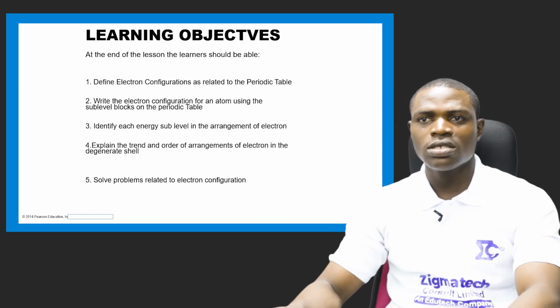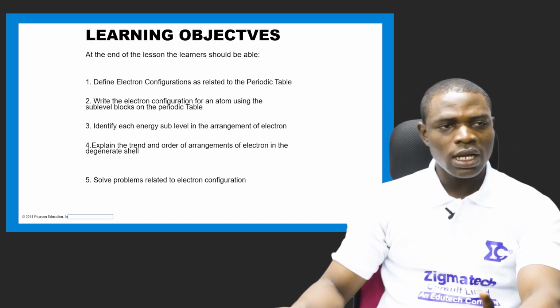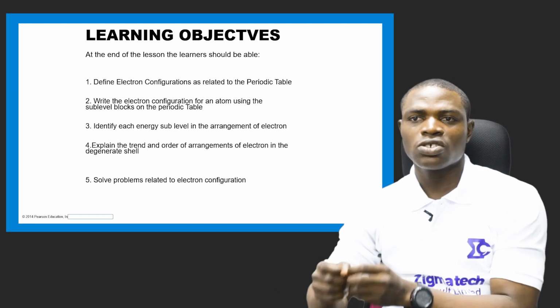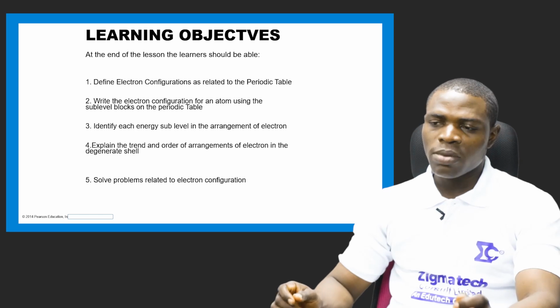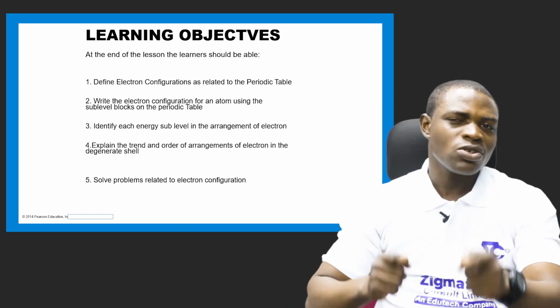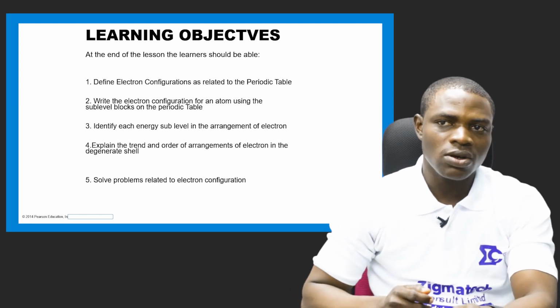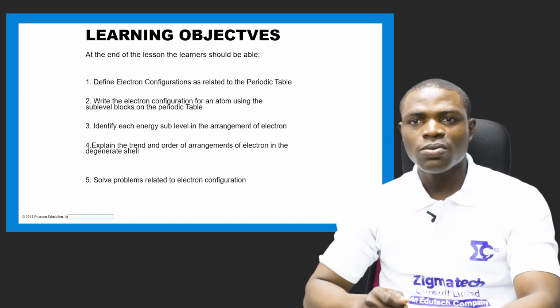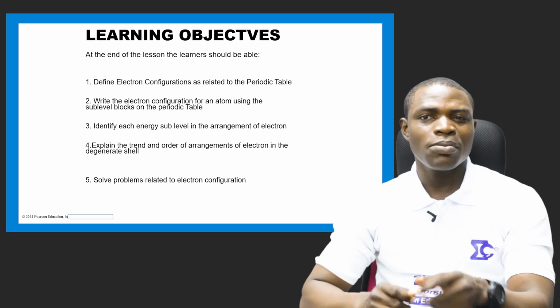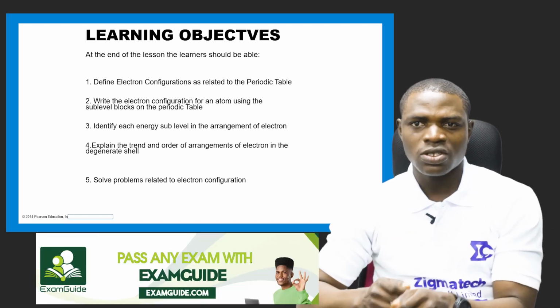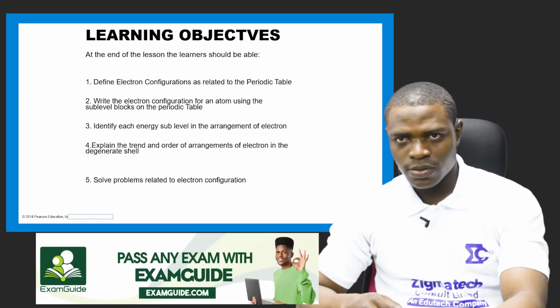At the end of this lesson, you should be able to, 1, define electron configuration as related to the periodic table. Number 2, you must also be able to write the electron configuration of an atom using the sublevel blocks on the periodic table, which I'm going to explain explicitly. So I would like you to pay attention.